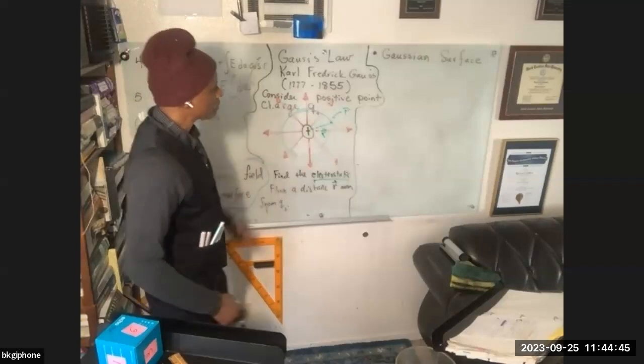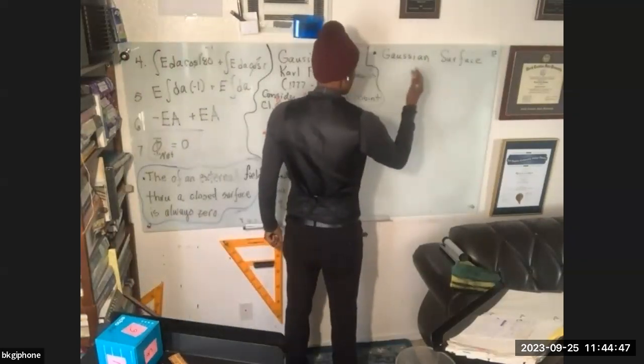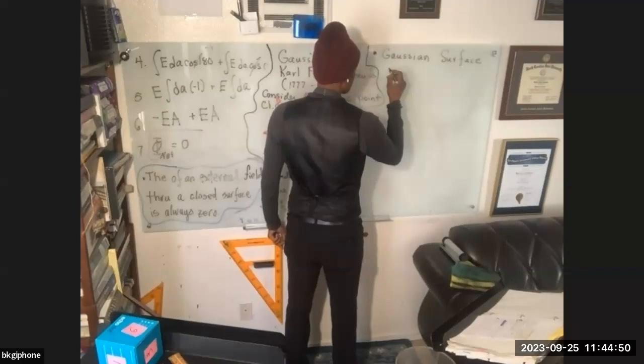What was I doing? Oh yeah, a Gaussian surface is a closed mathematical construct, a closed surface.